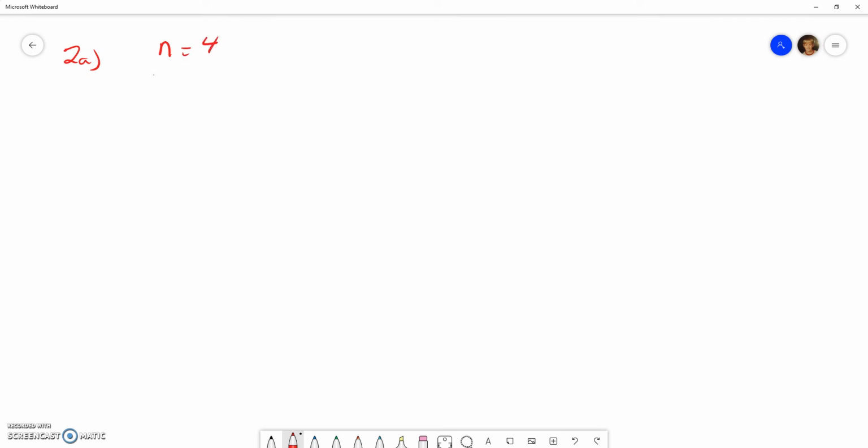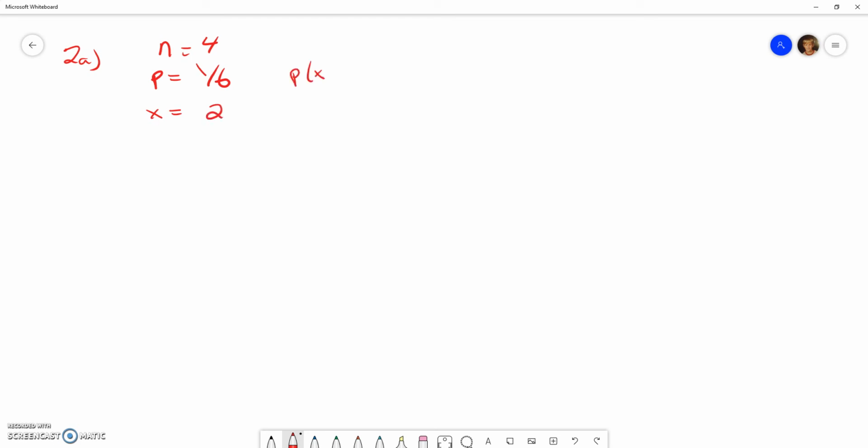There's 4 dice. The probability of rolling a 3 is 1 out of 6. If you want, you can convert that to a decimal 0.16 or 0.17. There's going to be some rounding differences. And x, in this case, we want to know the probability of exactly 2 of the dice showing the number 3.